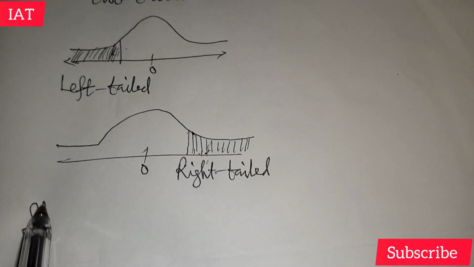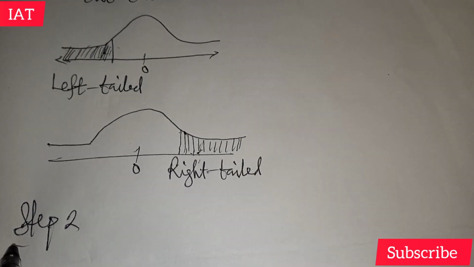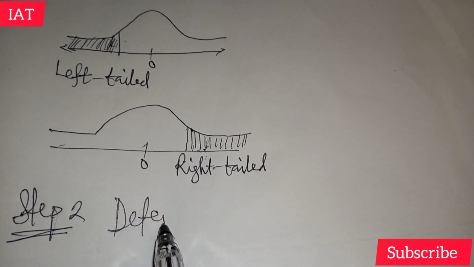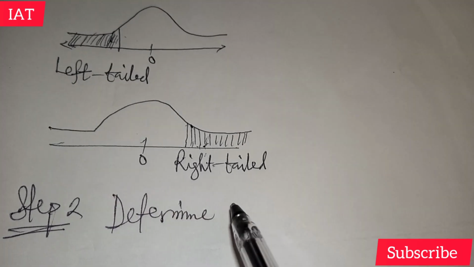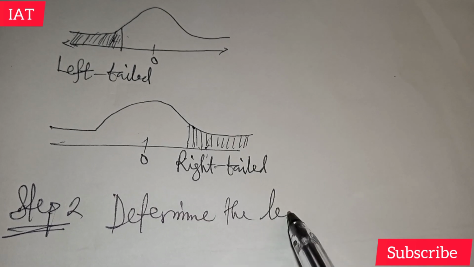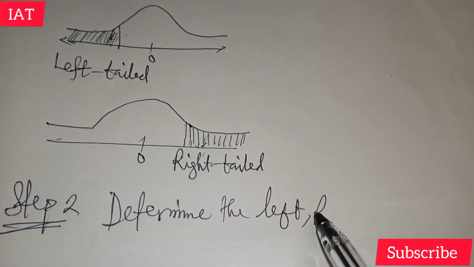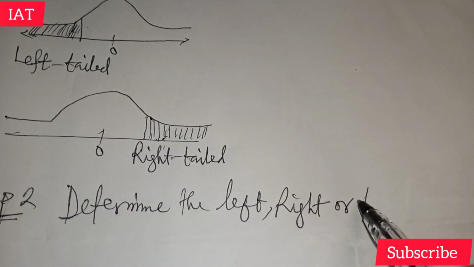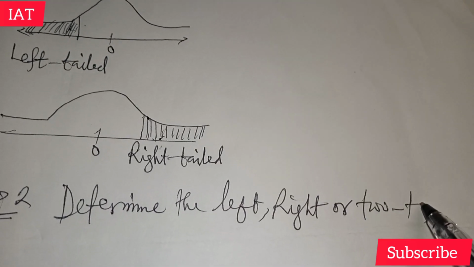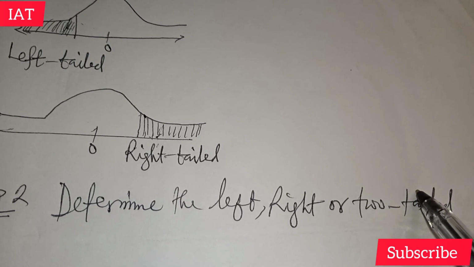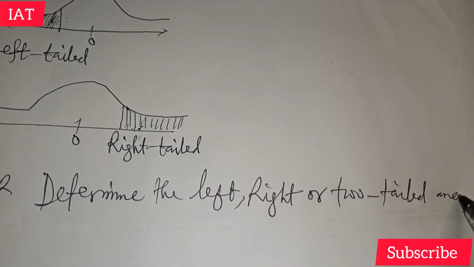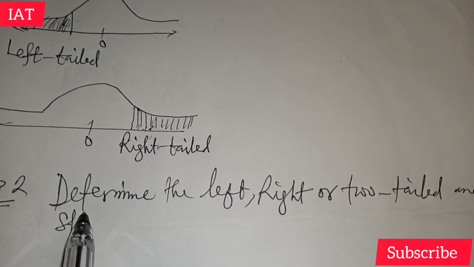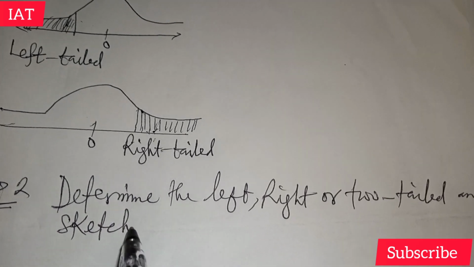Then step two, you will need to determine the left, right, or two-tailed and sketch the graph.